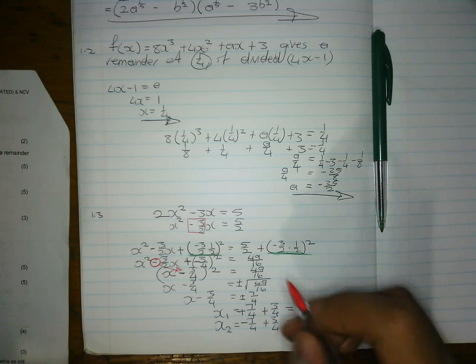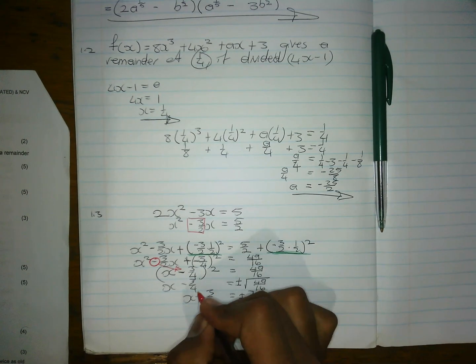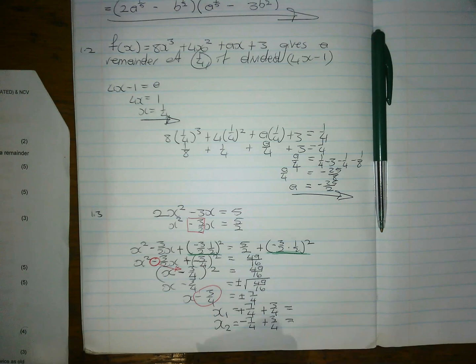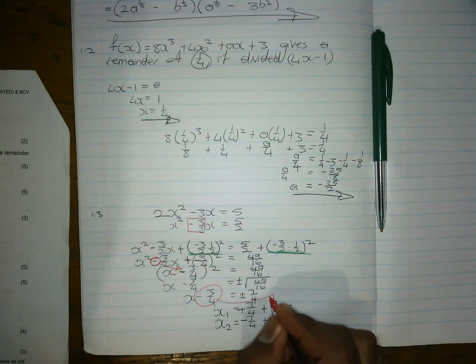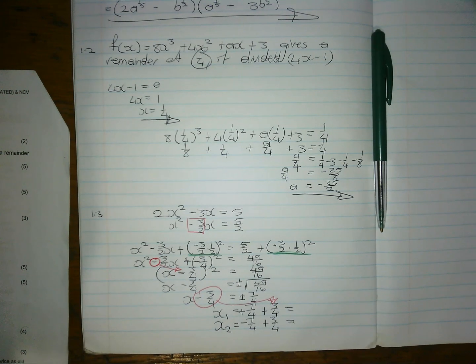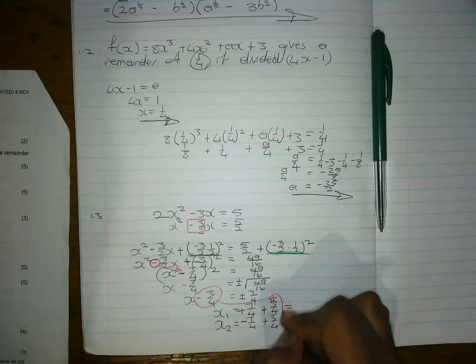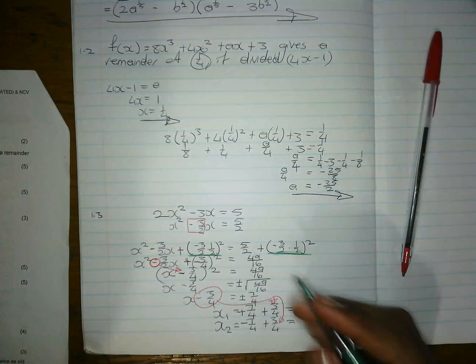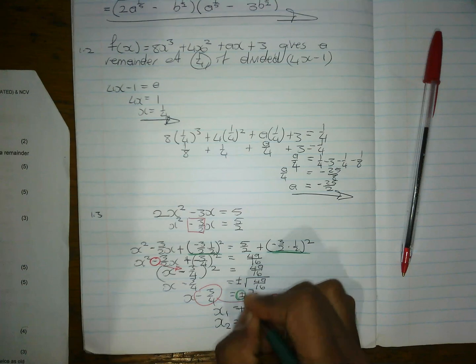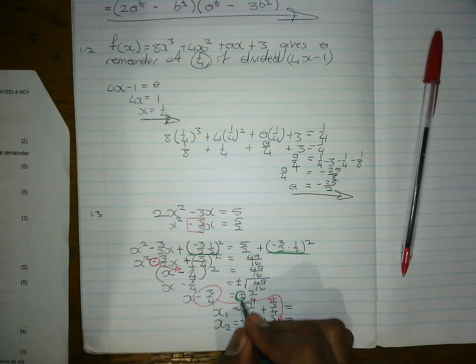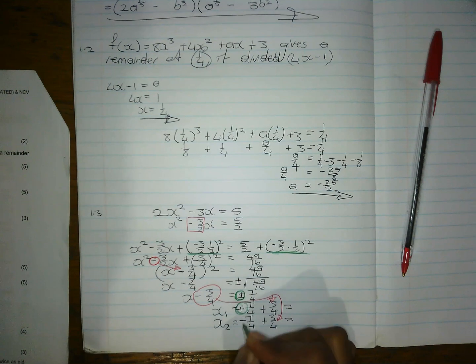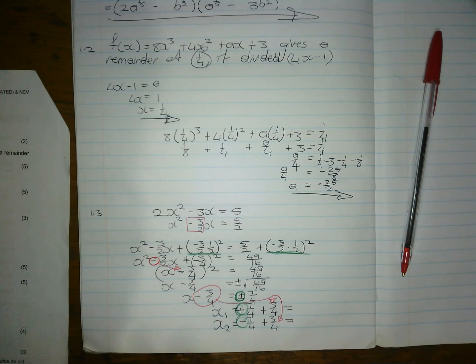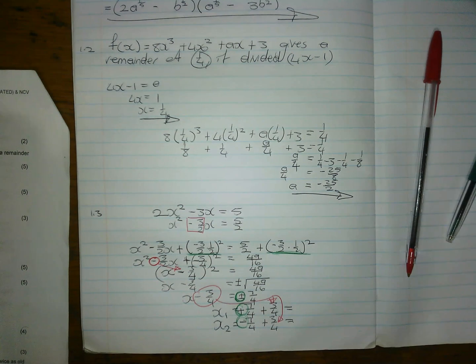Now remember, I took my negative 3 over 4 to the side, twice actually, but it's just the front sign that's going to be changing. So because I have a positive and a negative 7 over 4, I have two answers. There's my one, there's my second one. You must always do that.